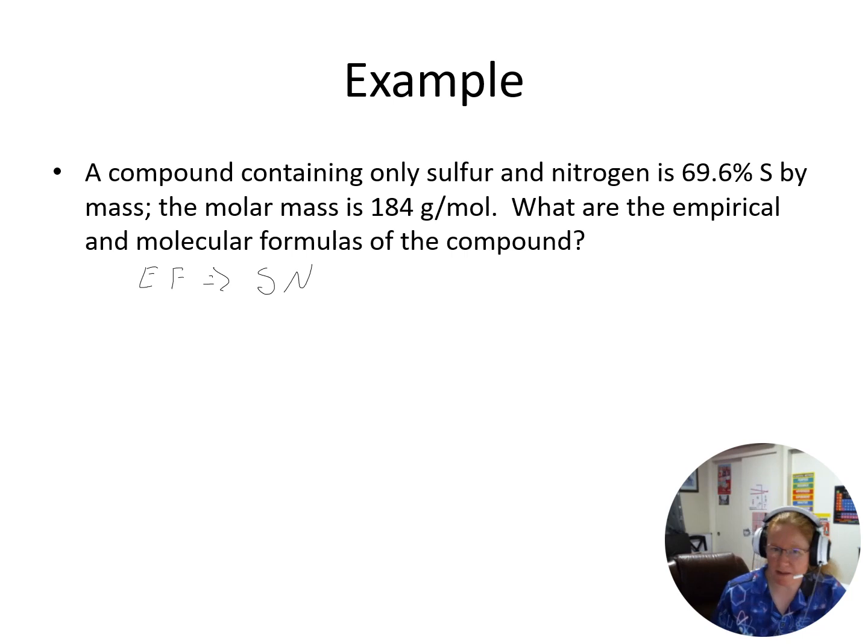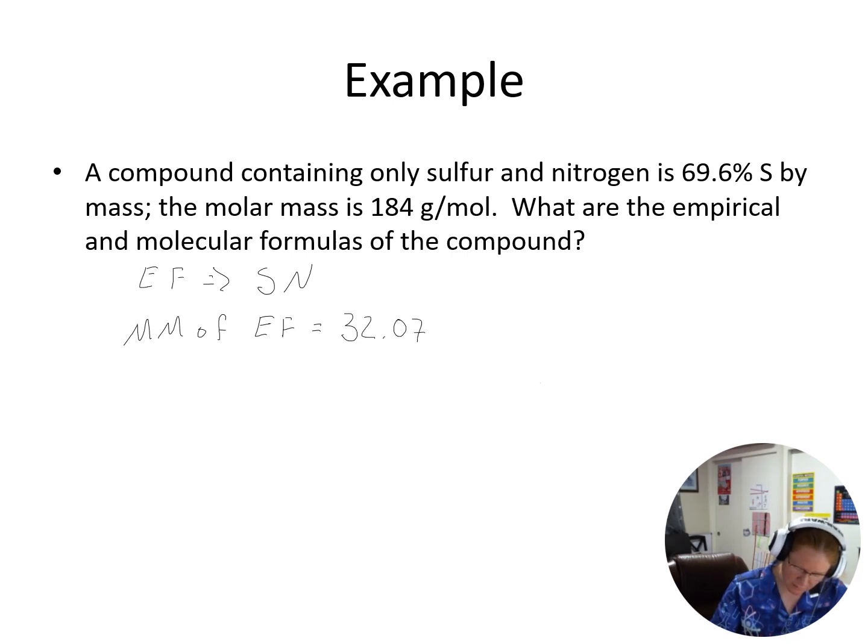Now we want to know what the molecular formula is. So we need the molar mass of the empirical formula. We're going to take 32.07 plus 14.01, and we get 46.08.